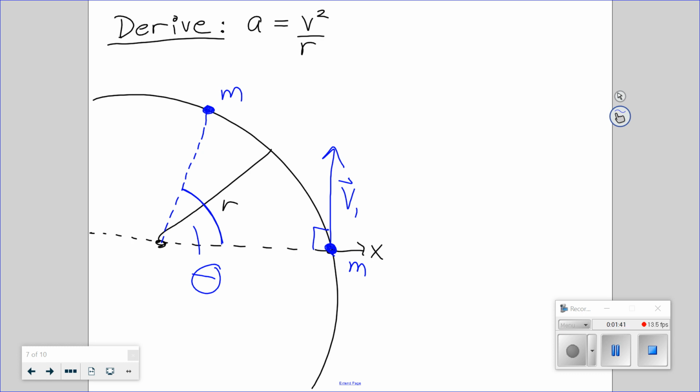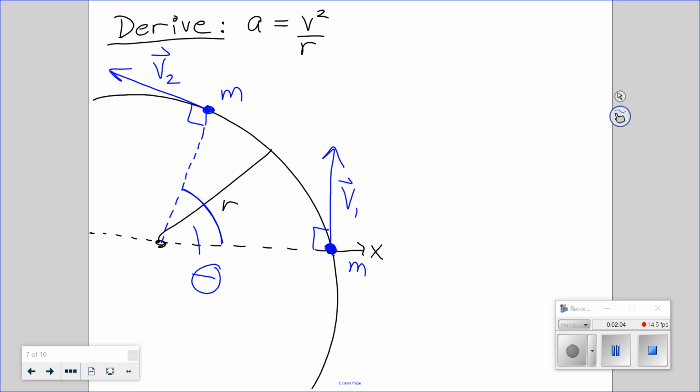And then try and draw your speed perpendicular to that. There's velocity 2 at some later time. Okay, that's pretty good. It'll work. Those are supposed to be perpendicular.